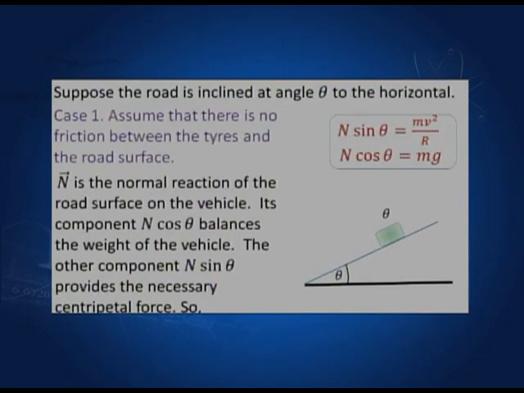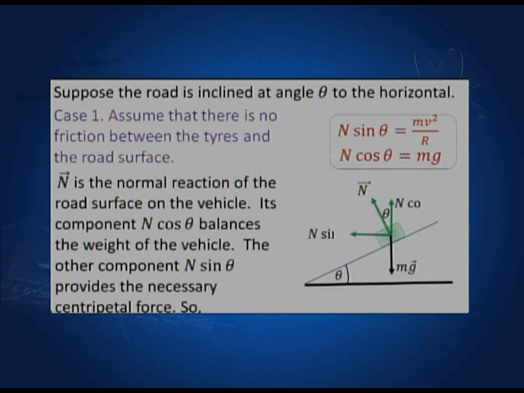Now, let us come back to the road. I have shown you here the road which is banked at an angle theta. I can't show the car, but here is an object, and let me show you the various things. This is the normal reaction of the surface on this object, and this is the component in the vertical direction, n cos theta. This is the weight of the object vertically downwards, and this is the component n sin theta.